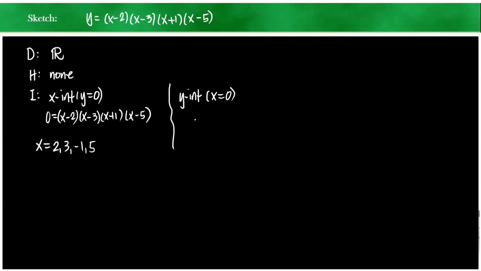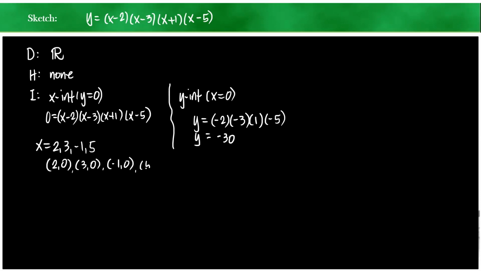In here, y-intercept when x is 0. So y is -2, -3, 1, -5. 2 times 5, 10 times 3 is 30. So -30 pala. So let's rewrite this. (2, 0), (3, 0), (-1, 0), (5, 0). This one is (0, -30).